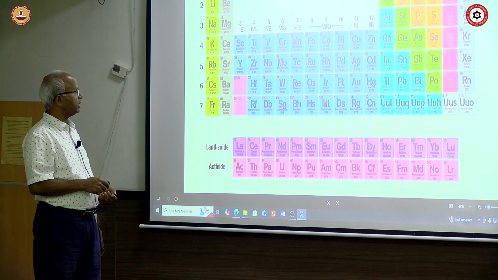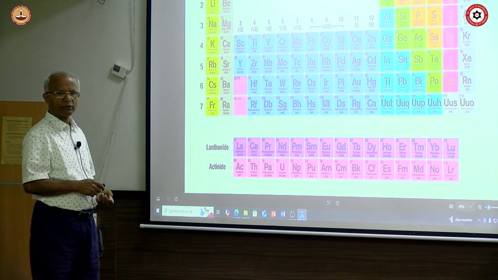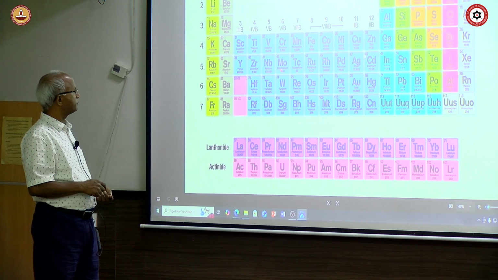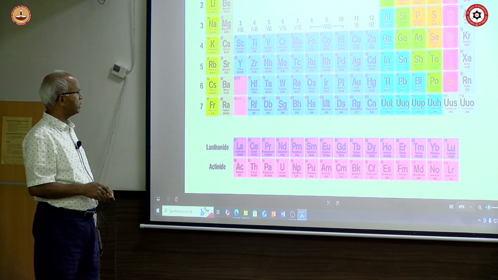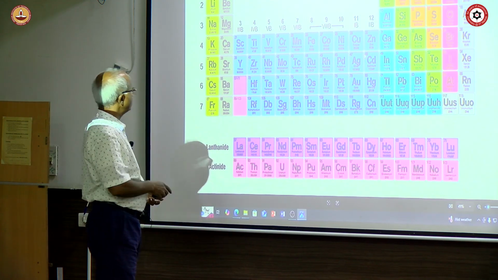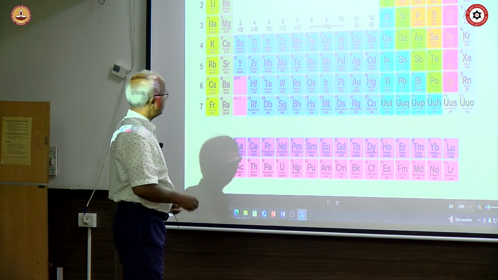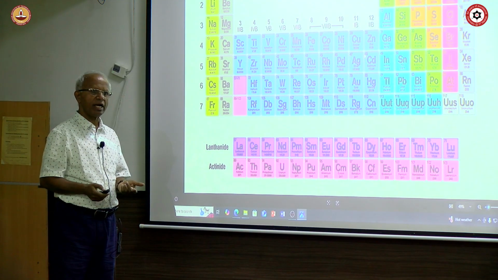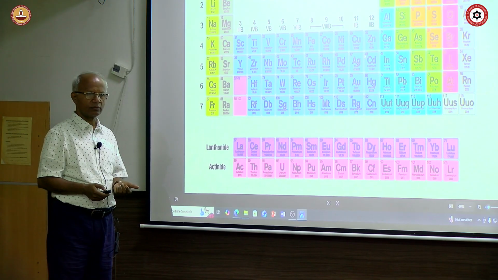So let us look at the coordination chemistry of the transition metals. 3d is easier to understand, and then we will move on to 4d and 5d, right? But before that, what we want to know is the different oxidation states of these metals, right?